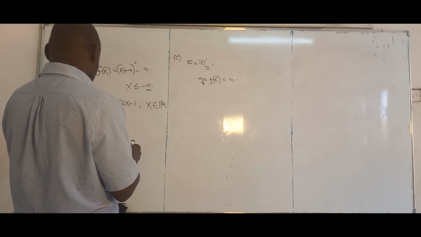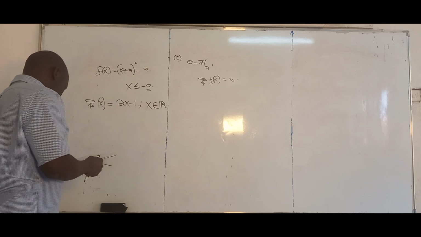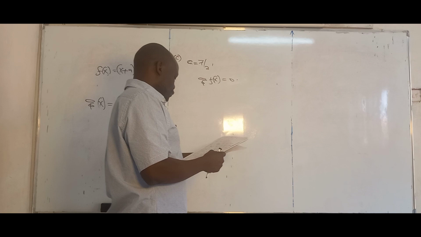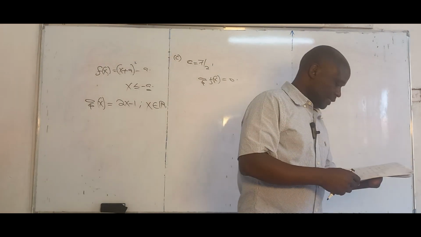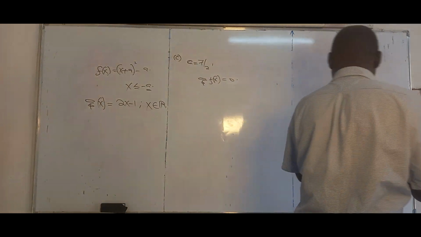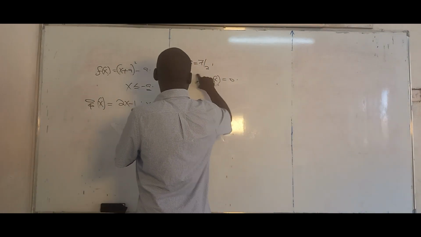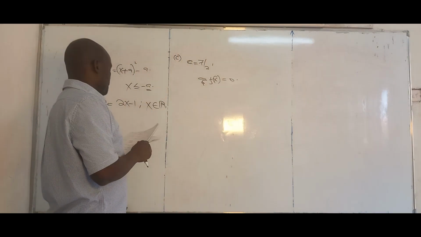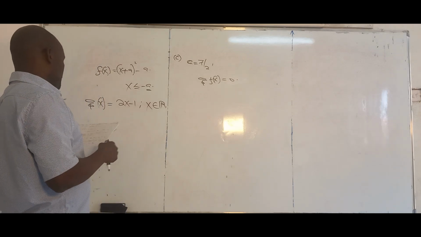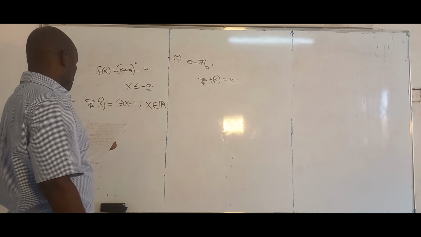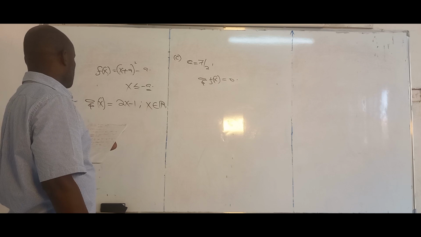So first of all, what we need to do is find, because we are told that this composite function is equal to 0, but first, what is g f of x?